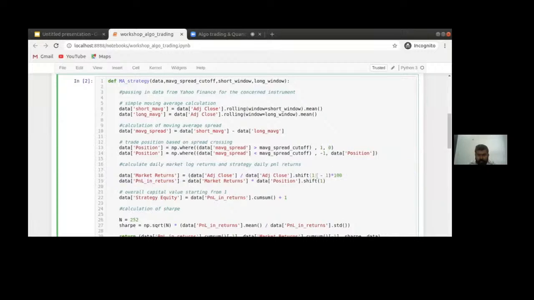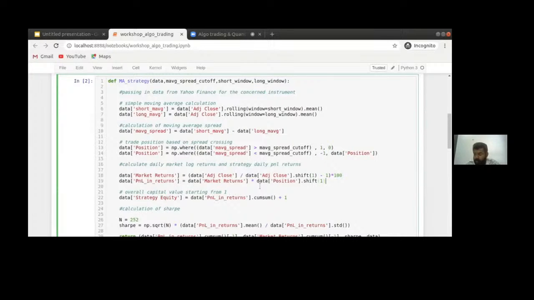And this shift basically shifts down the column by one row. So basically, I've divided today's close by yesterday's close, and then I've calculated the percentage change in it. There are also other inbuilt functions like pct_change to do the same thing, but I prefer to do it this way.